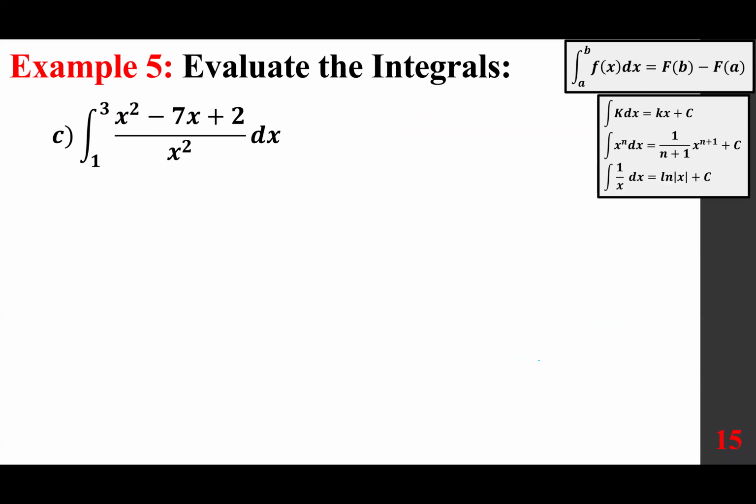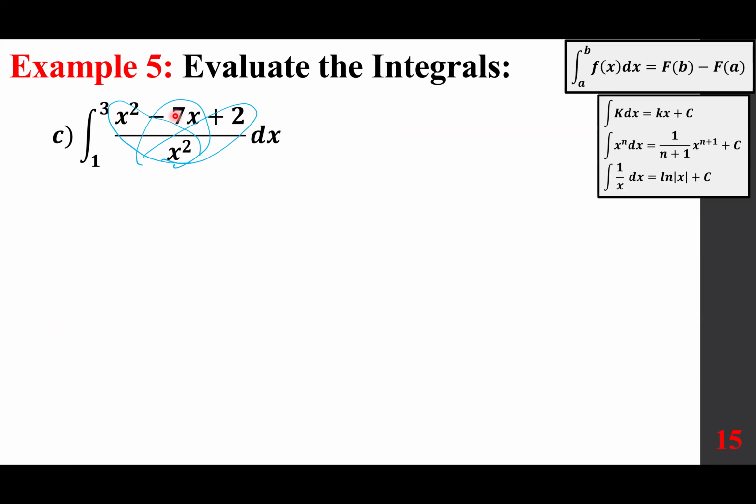The integral of 1 to 3 x squared minus 7x plus 2 over x squared dx. This question was done in the previous section, but without the limits. I hope you remember that. So you can use the answer and then evaluate it from 1 to 3. But I'm going to quickly go over that by making up 3 fractions.